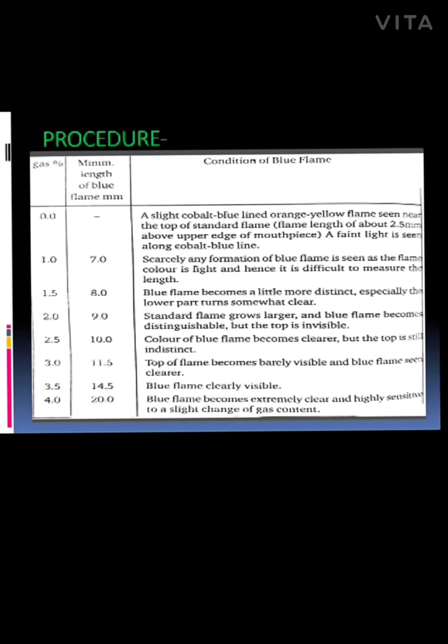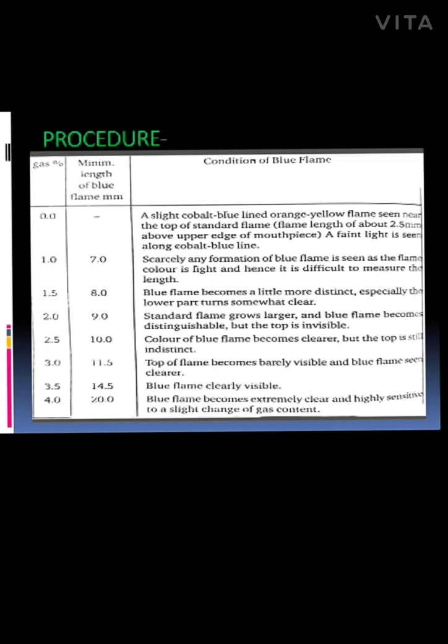And the condition of blue flame is given in the table at the right side. So at 4%, the blue flame becomes extremely clear and highly sensitive to a slight change of gas content. At 3.5%, blue flame clearly visible. At 3.0%, top of flame becomes barely visible and blue flame seen clearer.